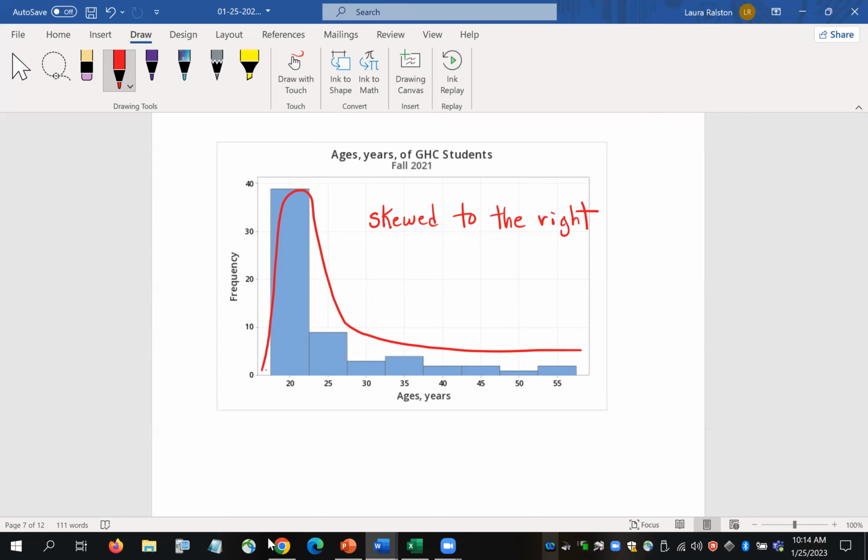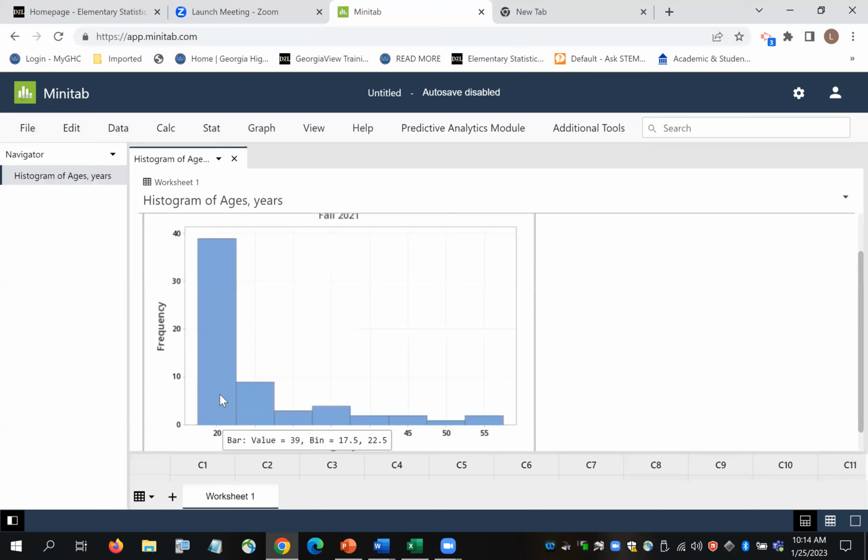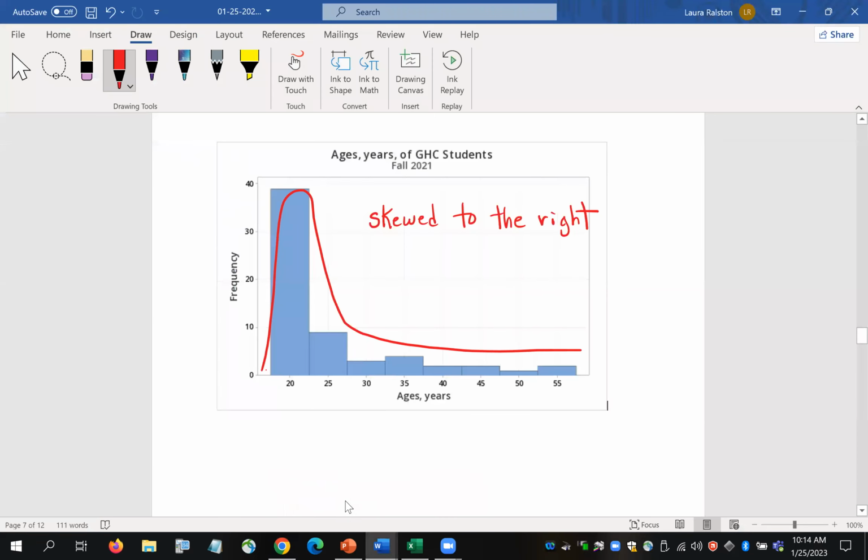I have to go back and look. 17.5 to 22.5. The middle value there was 20. So I might now say that I think that the average is approximately or somewhere around 20.